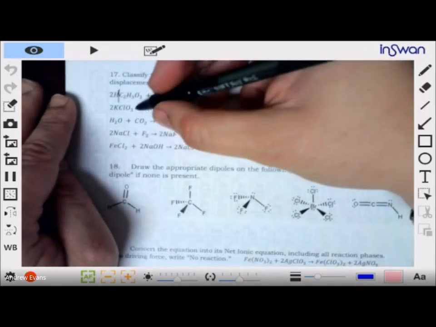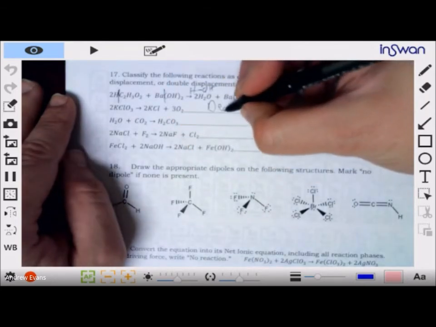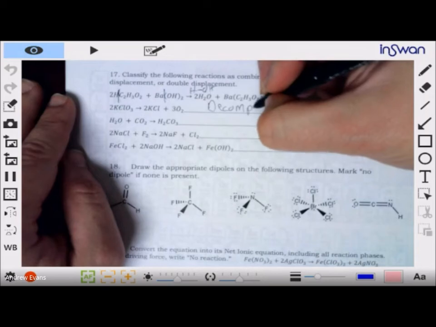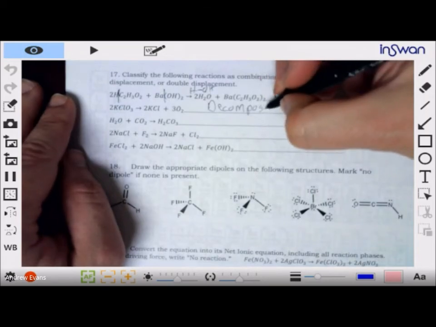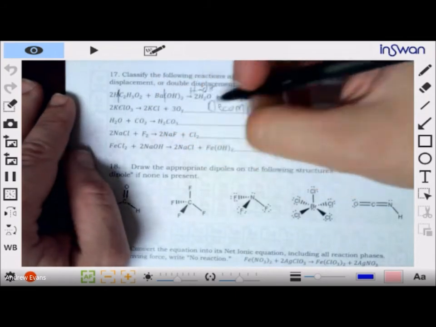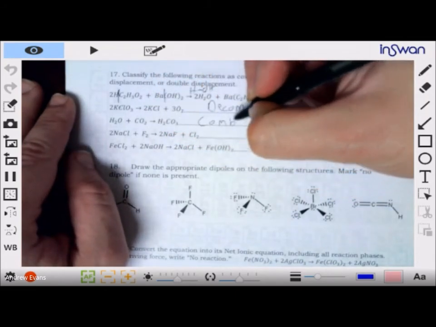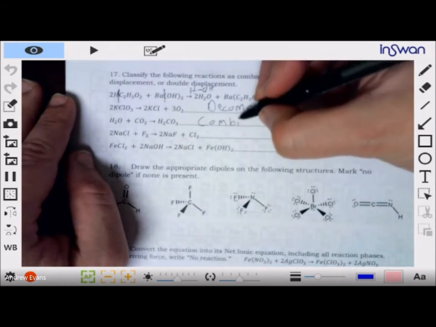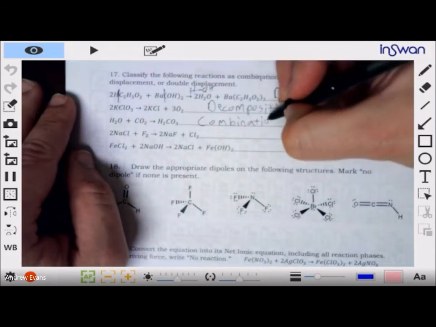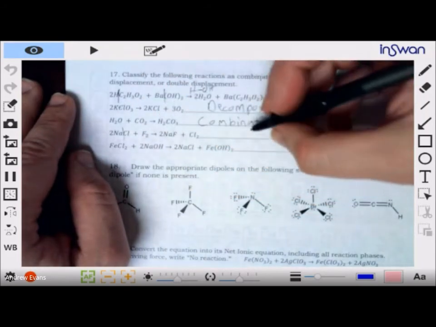Potassium chlorate goes to potassium chloride and oxygen. Classic case of decomposition. One thing becomes 2. H2O and CO2 forms carbonic acid. That's a classic case of 2 becomes 1. Combination. NaCl and F2 becomes NaF and Cl2.